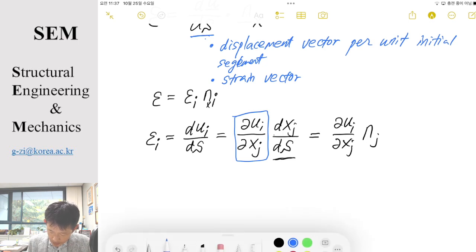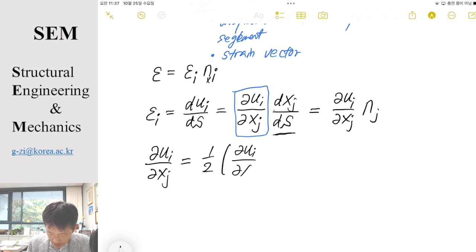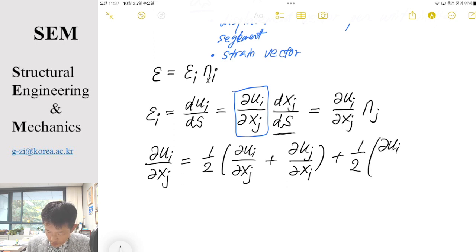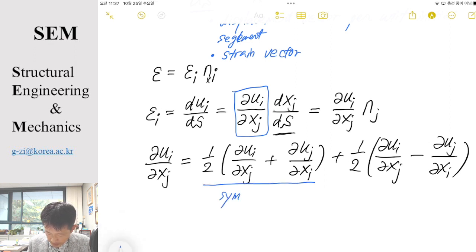So here we can write dui over dxj as a half of dui over dxj plus duj over dxi, plus a half of dui over dxj minus duj over dxi. So the first part is the symmetric part. And then this is the anti-symmetric part.